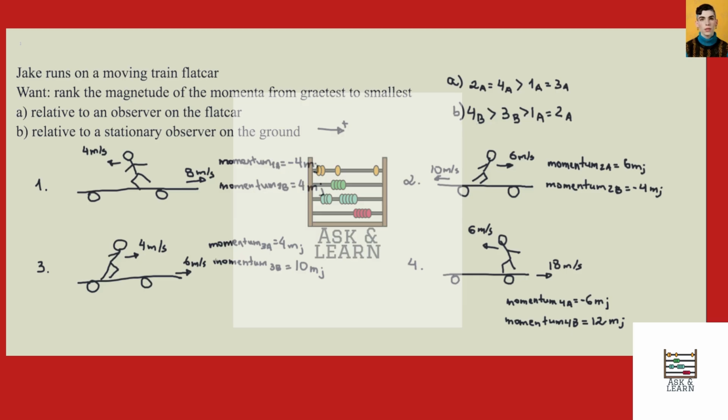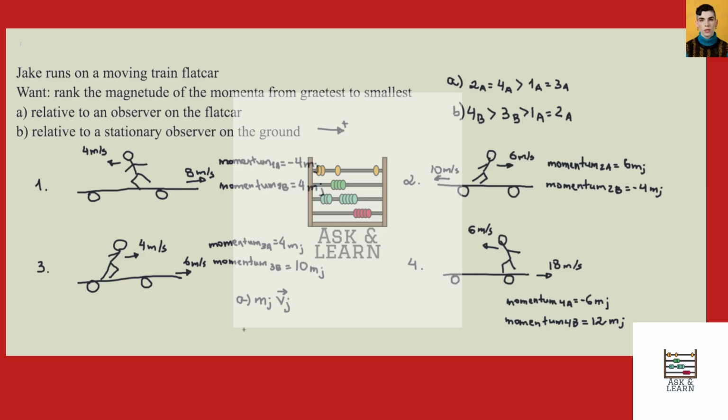So let's just write our formulas over here once again. We have on part A, since we only care about the observer on the car, our momentum is always going to be the mass of Jake multiplied by the velocity of Jake. And we have to remember that this is a vector. Therefore, if it's going towards the right, it's going to be positive, and towards the left, it's going to be negative.